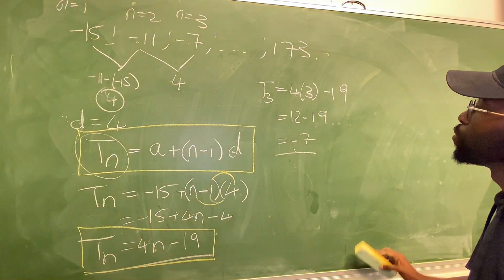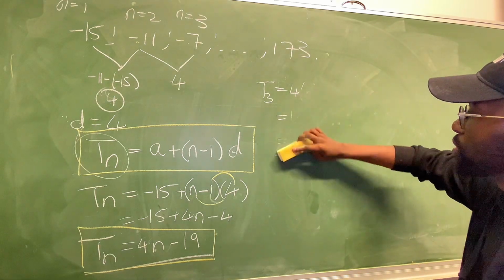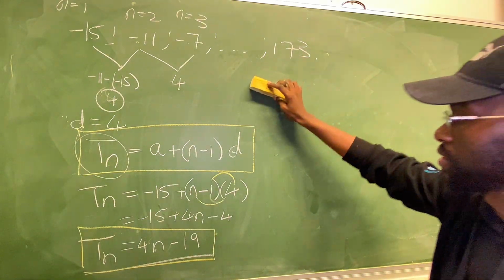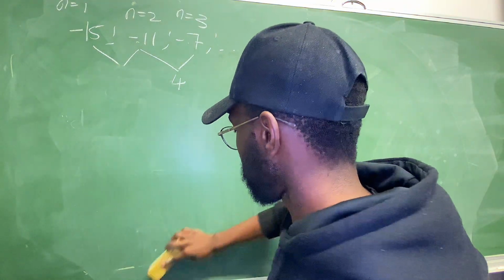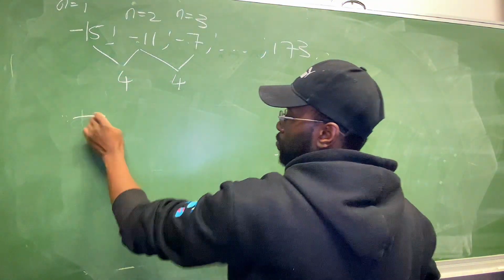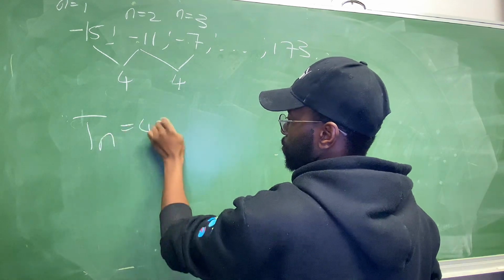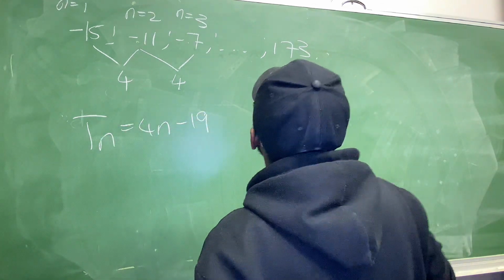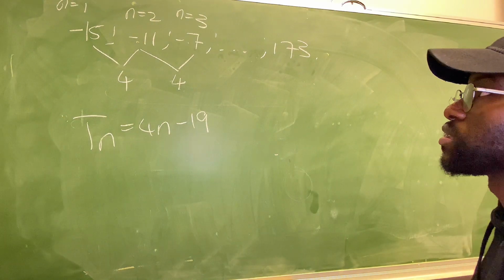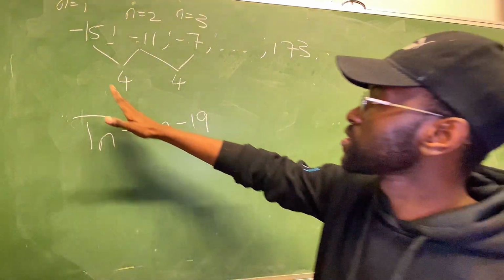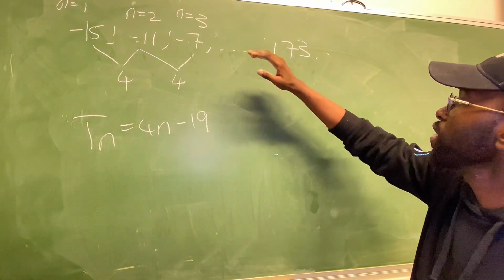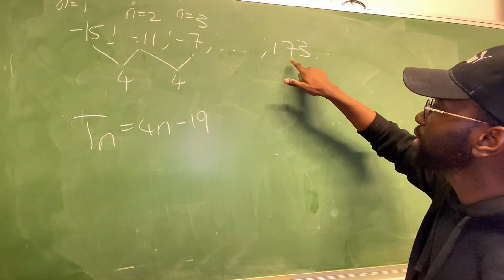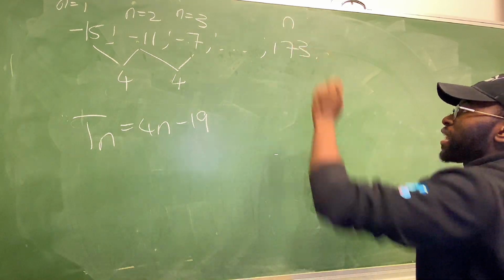They could say to you, how many terms are in this sequence? So if this is term 1, term 2, term 3, term 4, 5, 6, 7, 8, 9, 10, to whatever this last term is, our n.